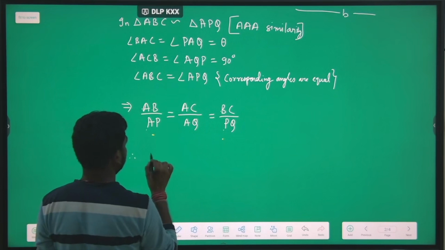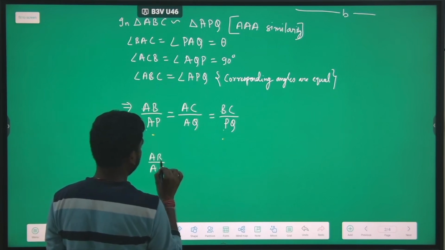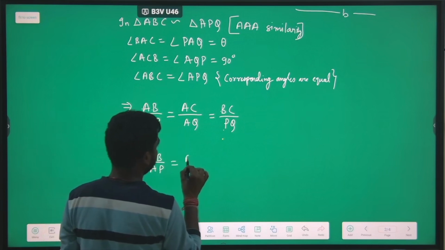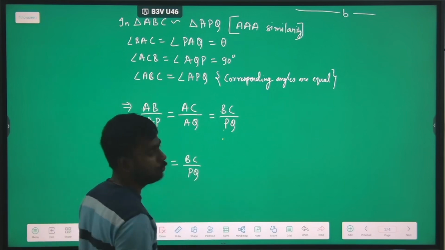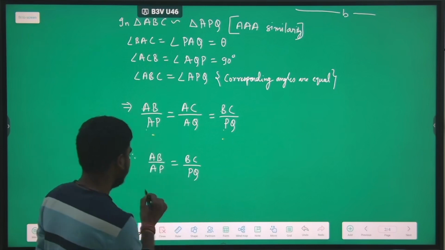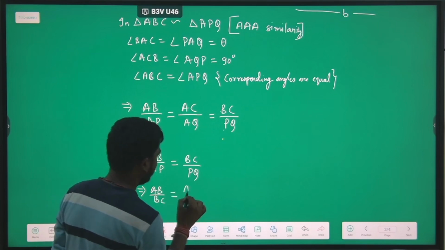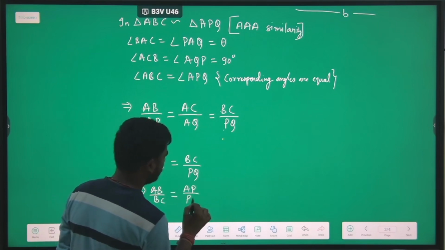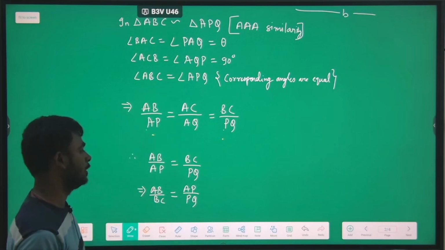Thus, on comparing, AB by AP is equal to BC by PQ. What we will get? We will cross multiply the things. It will be AB by BC equal to AP by PQ. So these two will be equal by cross multiplying.